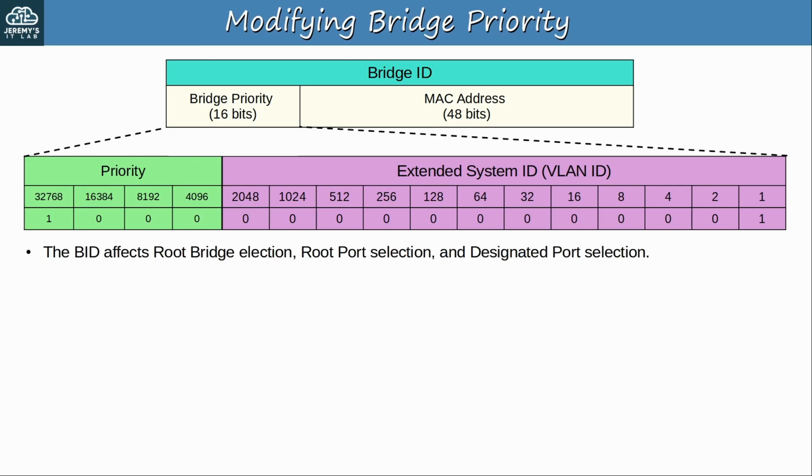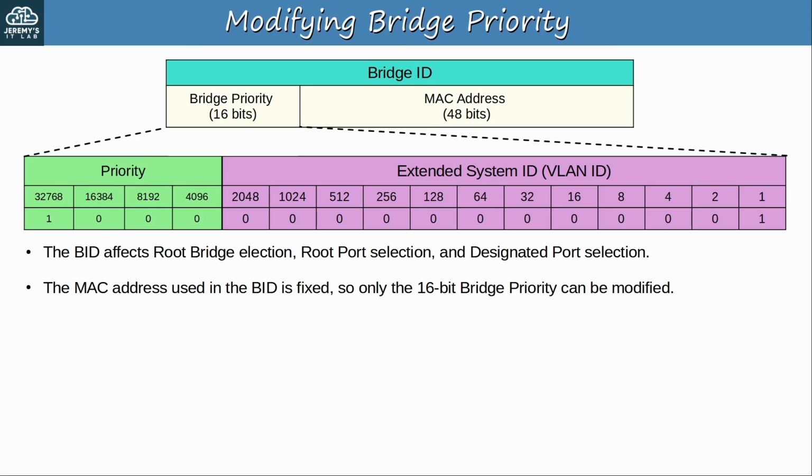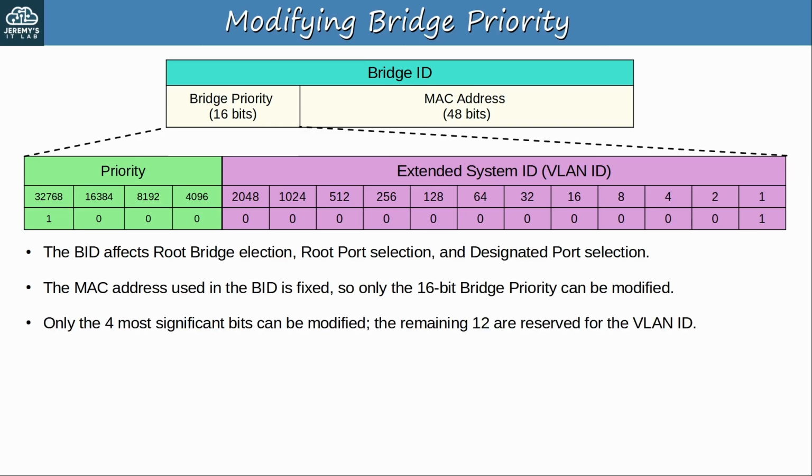As mentioned before, the bridge ID affects root bridge election, root port selection, and designated port selection. However, the MAC address used in the bridge ID is fixed, so only the 16-bit bridge priority can be modified. Furthermore, only the 4 most significant bits of the bridge priority can be modified, because the remaining 12 are reserved for the VLAN ID.